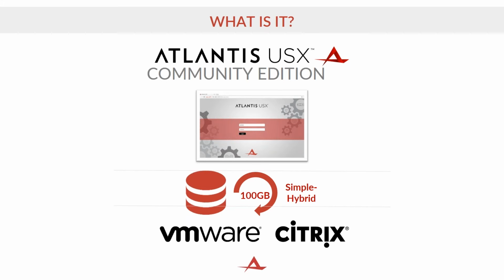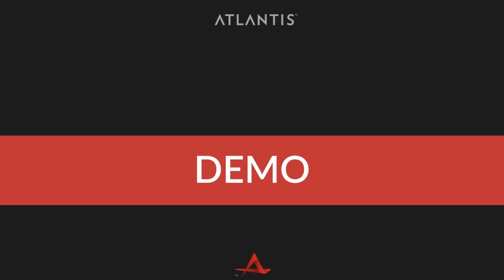But you can't go above the 100 gig license you get from the Community Edition. It's as simple as that. With that, let's take you through the installation, and Ruben will take you through that, and we'll come back to the presentation shortly. Thanks, Ruben.